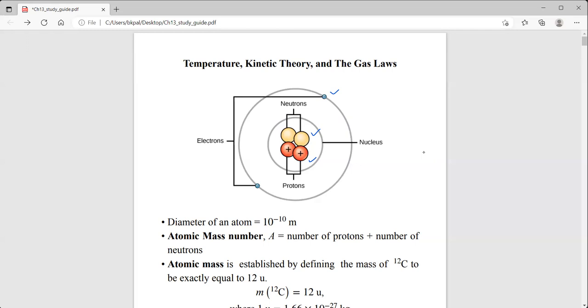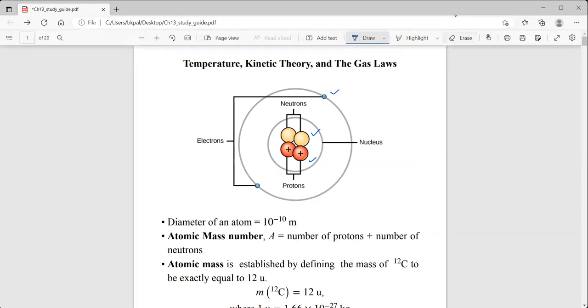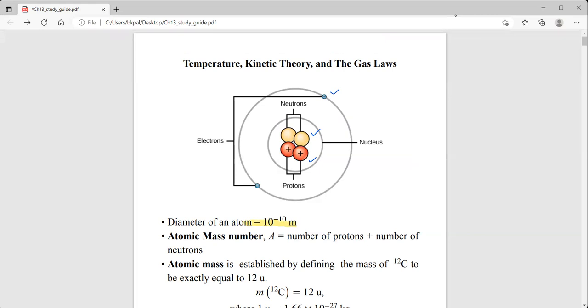The diameter of an atom is very small, and it is 10 to the power minus 10 meter. Now the next thing is the atomic mass number.